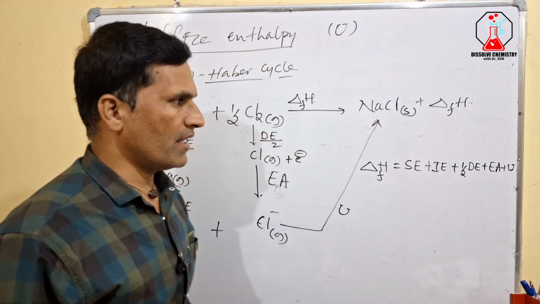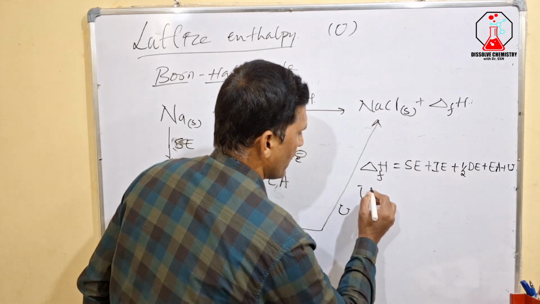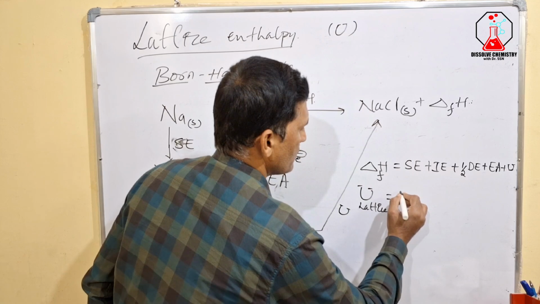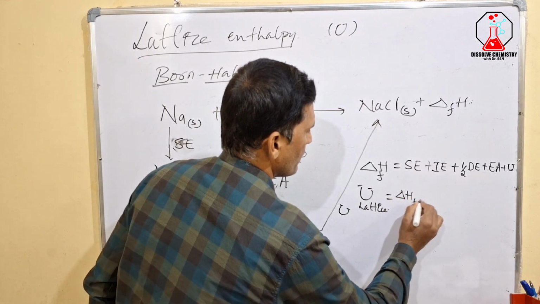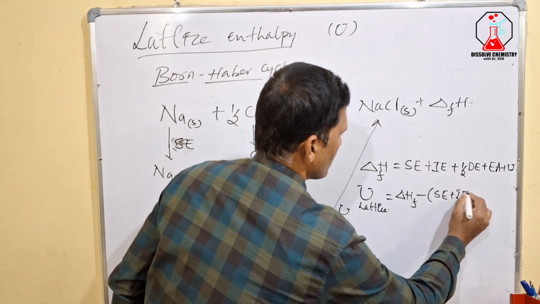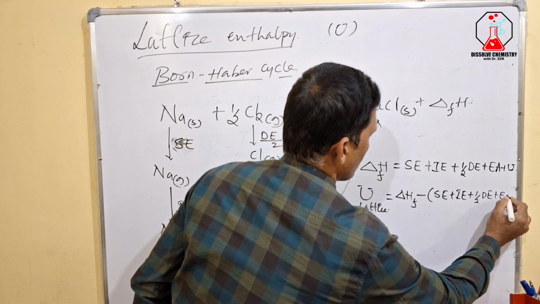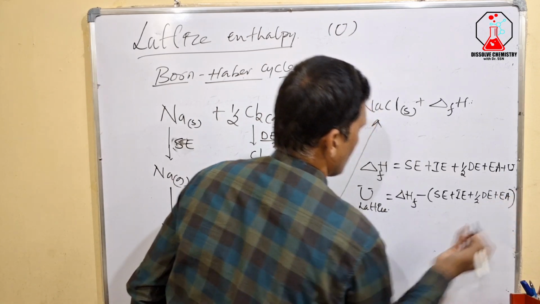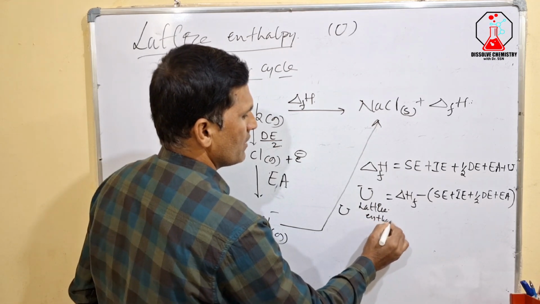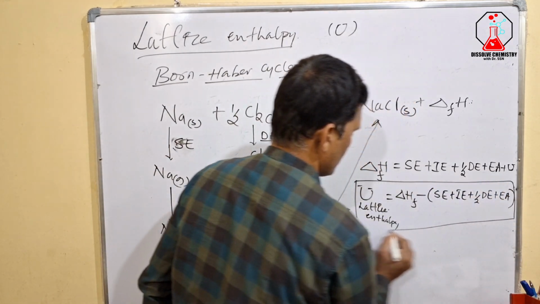Here we are supposed to find the lattice energy. So lattice energy is equal to delta HF minus the sublimation energy plus ionization energy plus half dissociation energy plus electron affinity or electron gain enthalpy. This is how lattice enthalpy can be calculated by using the Born-Haber cycle.